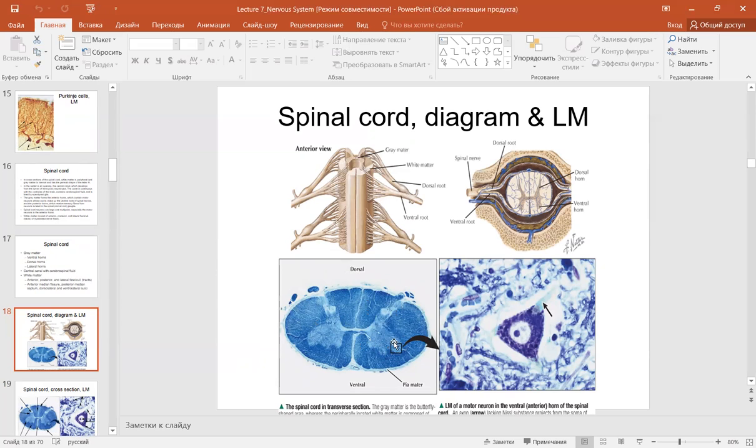Anterior horns are thick and lower, the posterior horns are thinner and higher, delimiting the lateral fasciculi or funiculi, anterior funiculi and posterior funiculi or fasciculi. And here you have the dorsal median septum and ventral median sulcus.